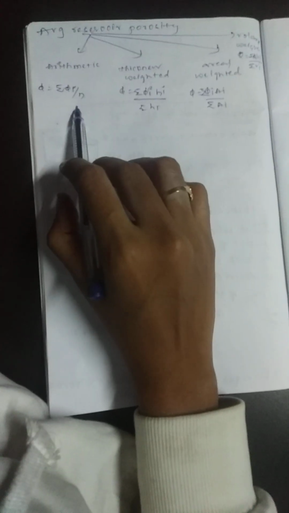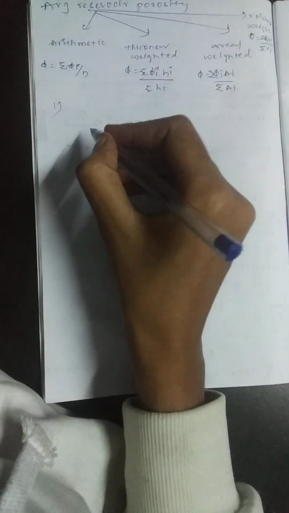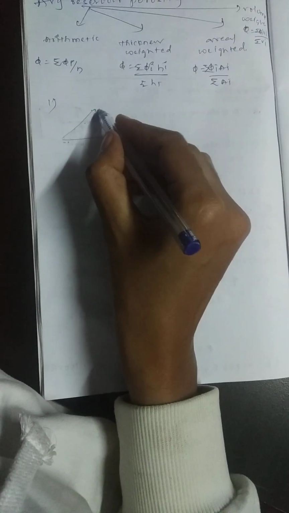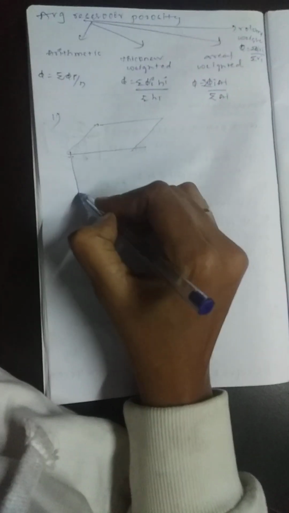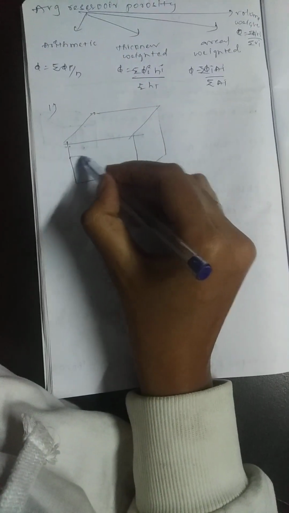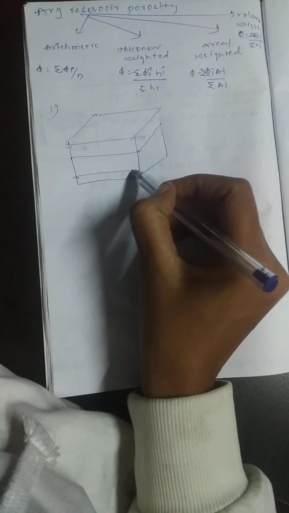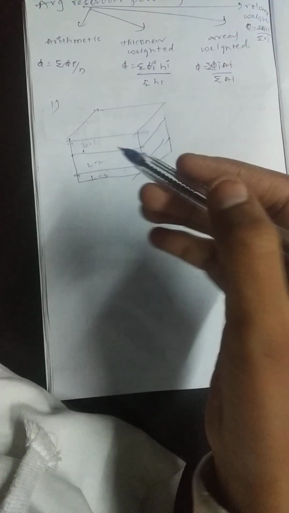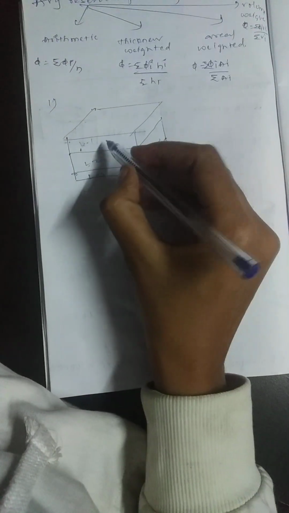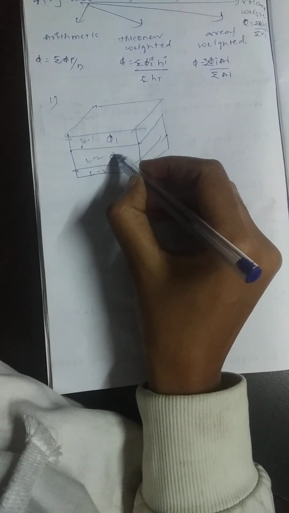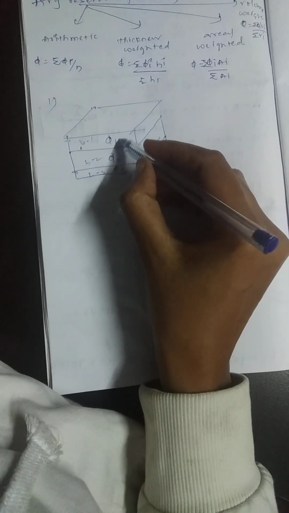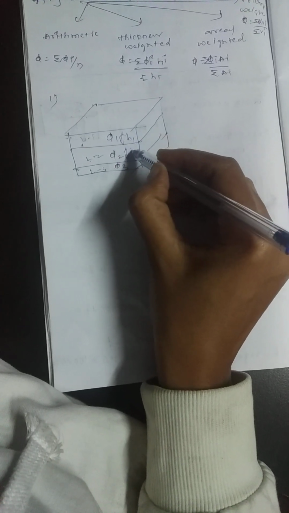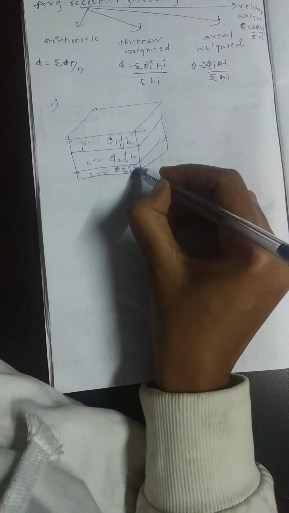Consider layer 1 with rock sample 1, layer 2 and layer 3, with porosities phi 1, phi 2, phi 3 and thicknesses H1, H2, H3.